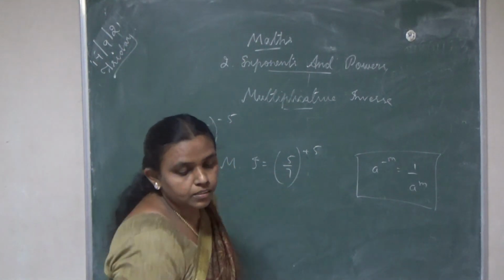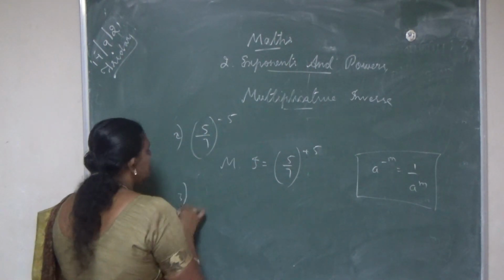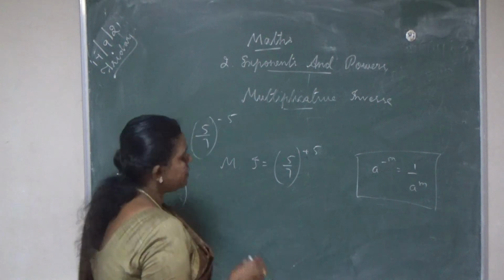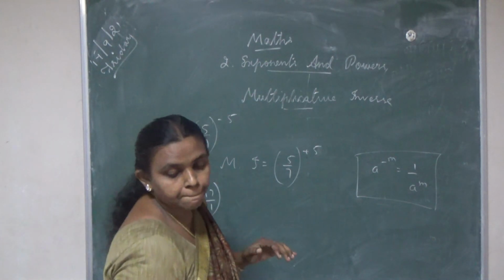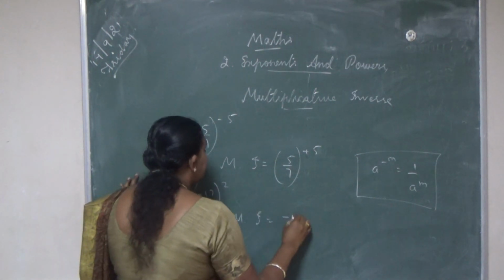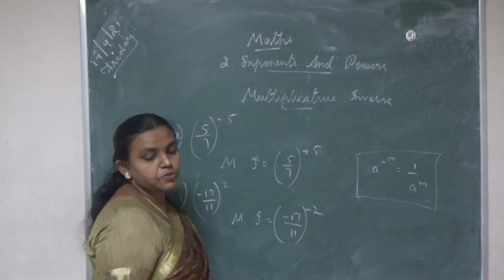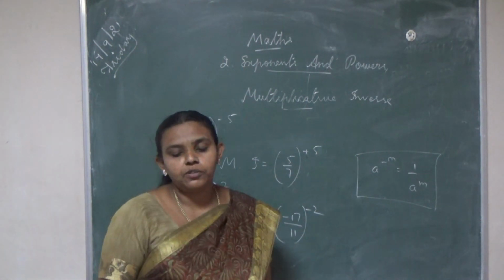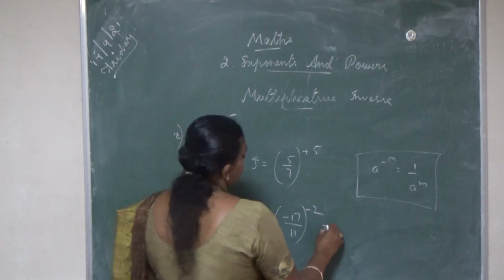Okay. Third problem. What is it? Minus 17 by 11 the whole power plus 2. So what is the multiplicative inverse? Minus 17 by 11 the whole power minus 2. So minus 2, if I want to convert into positive exponent, what should I write?